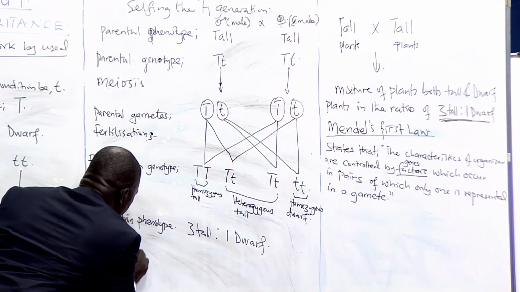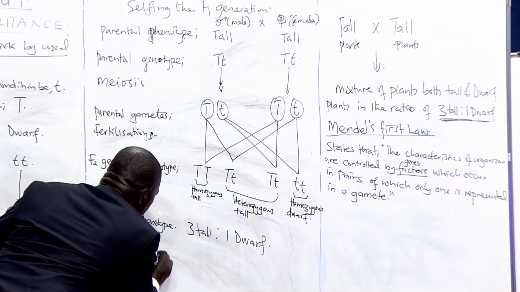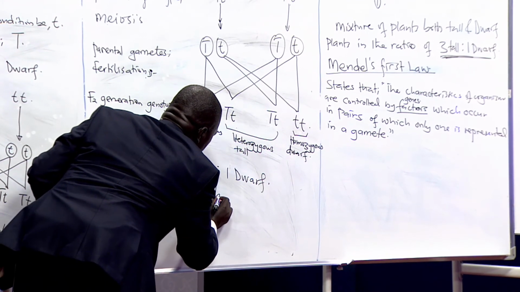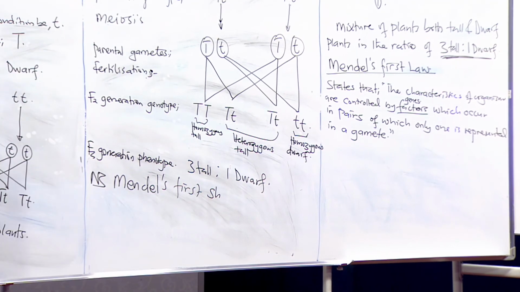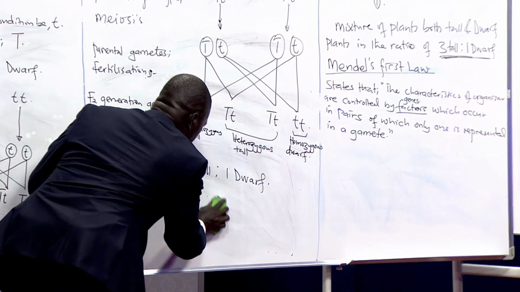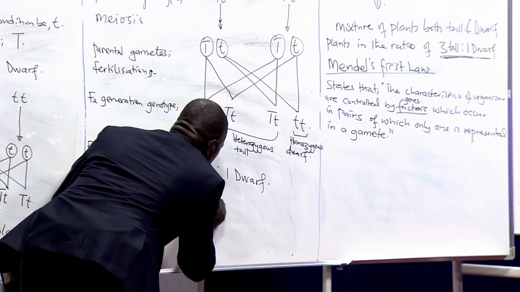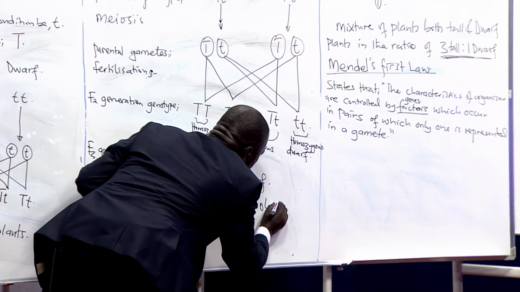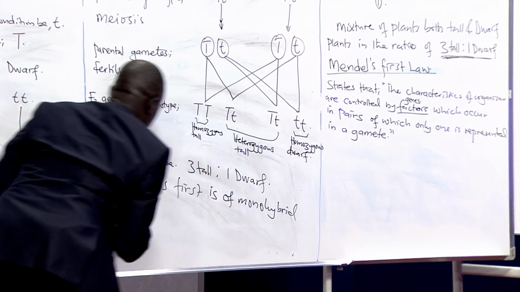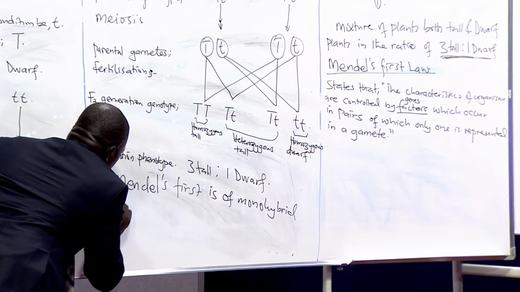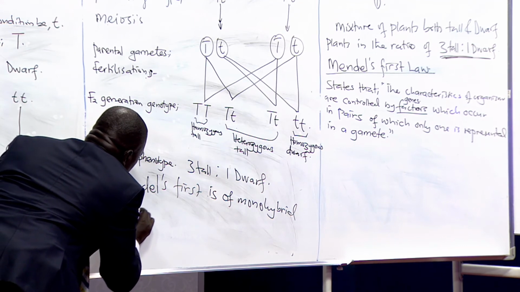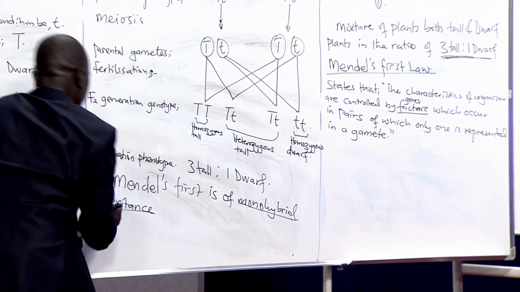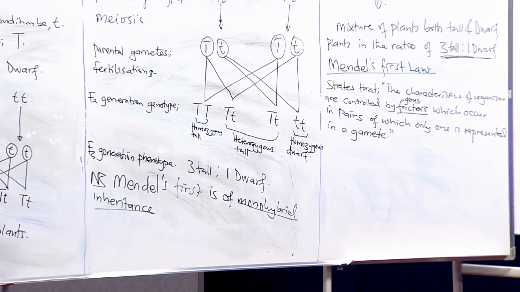Mendel's first law is of monohybrid inheritance. This thing of monohybrid, what does that mean?